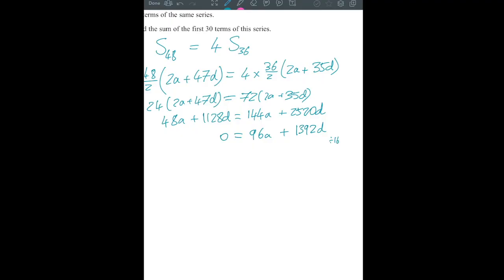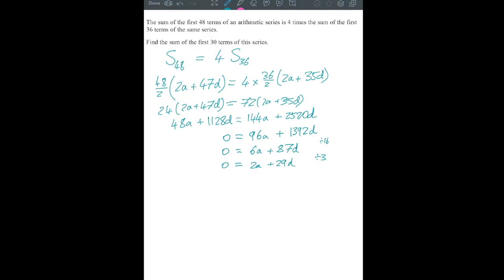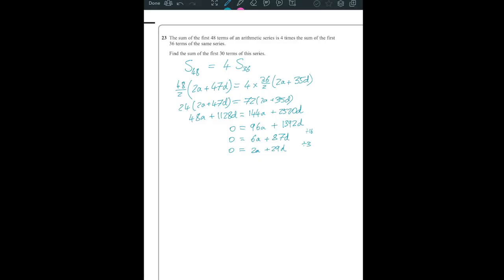So I'm going to try dividing by 16 to start with. 96 by 16 is just 6a plus 87d. One's even, one's odd, so there are no more even factors, but they both look like they're multiples of 3. So that's 2a plus 29d. And now I'm stuck. There's absolutely nothing else I can do with that.